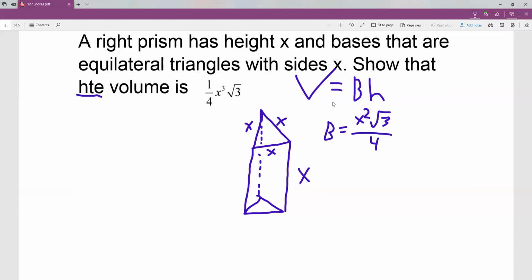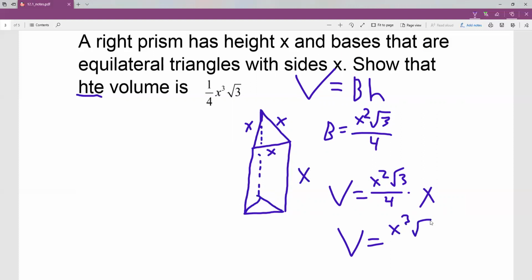This is from a while back; we discovered this formula in class. So to find the volume, we just take that base, x squared root 3 over 4, and multiply it by the height, which is x. When you multiply this, x squared times x is x to the power of 3, root 3 over 4. There we go.